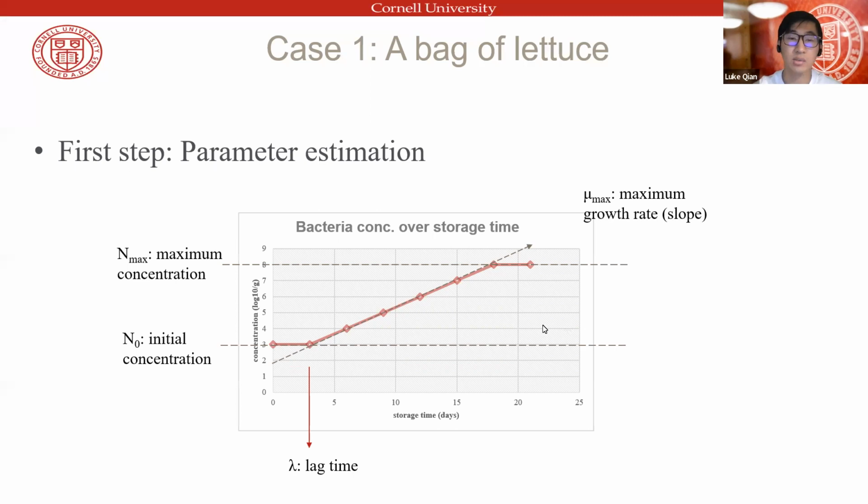So from this plot, we can see that the lag time is roughly 3 days. And the initial concentration, as we defined earlier, is 3 log per gram. The maximum concentration, which is defined as the environmental capacity of these microorganisms in a certain food matrix, we can see is 8 log per gram.